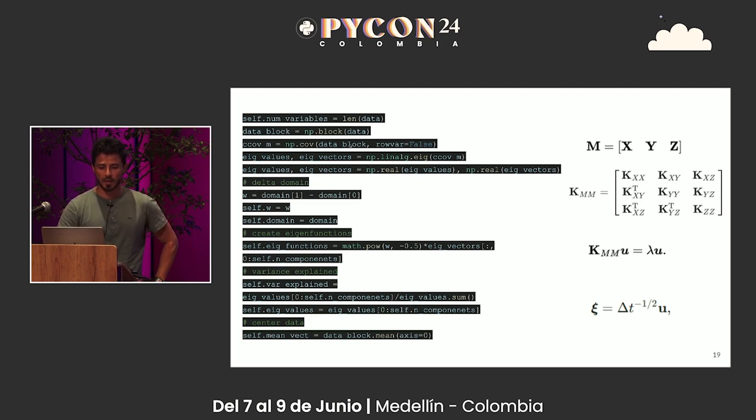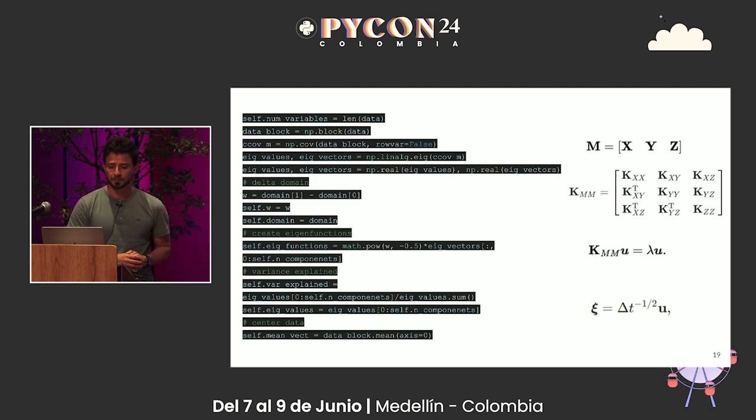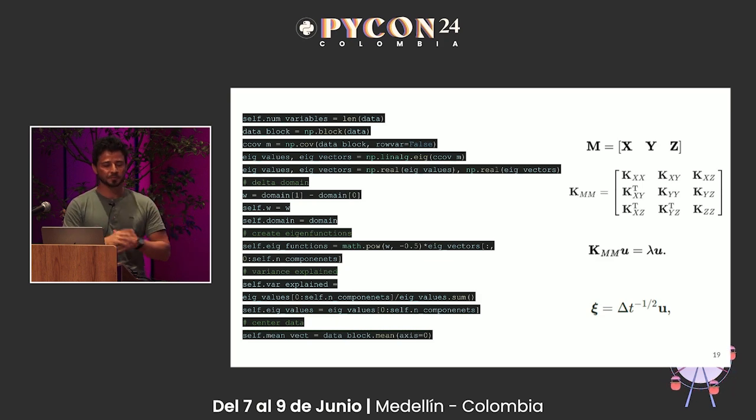So for example, NumPy has this method that is called block, where you can put your functional data set just as a block, and you can put any number of variables that you want, also keeping in mind the capability of the RAM memory of your computer. For example, you can do 10 or 20.